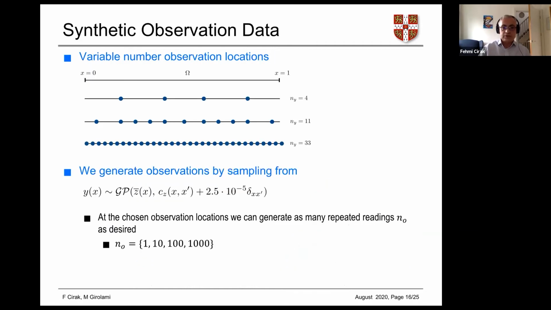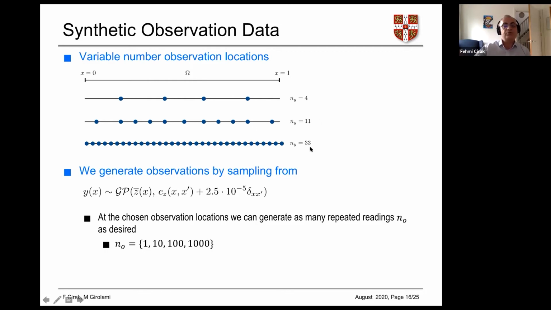So in terms of observations, we have a variable number of observation locations. Our domain goes from 0 to 1. So we have either 4 observation locations, sensors, 11 sensors, or 33 sensors.